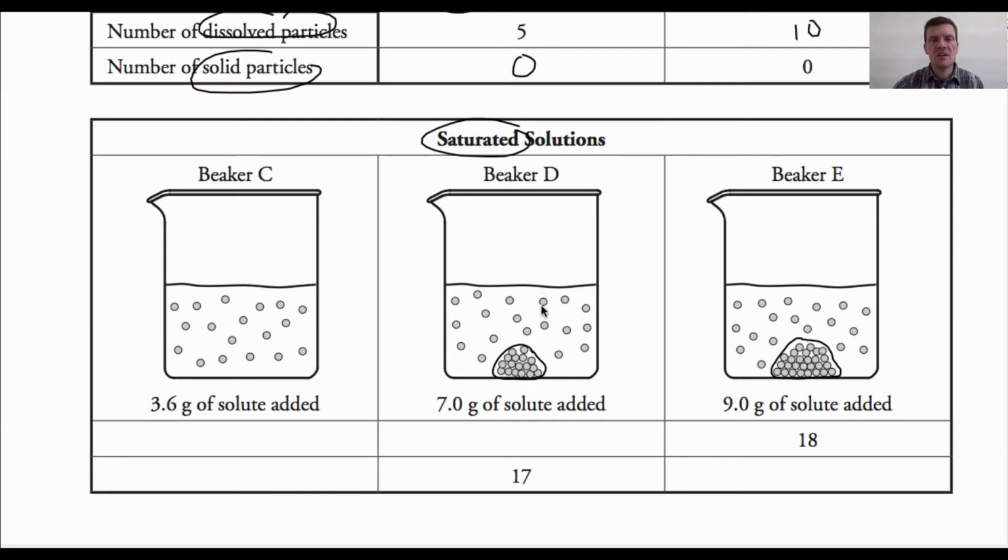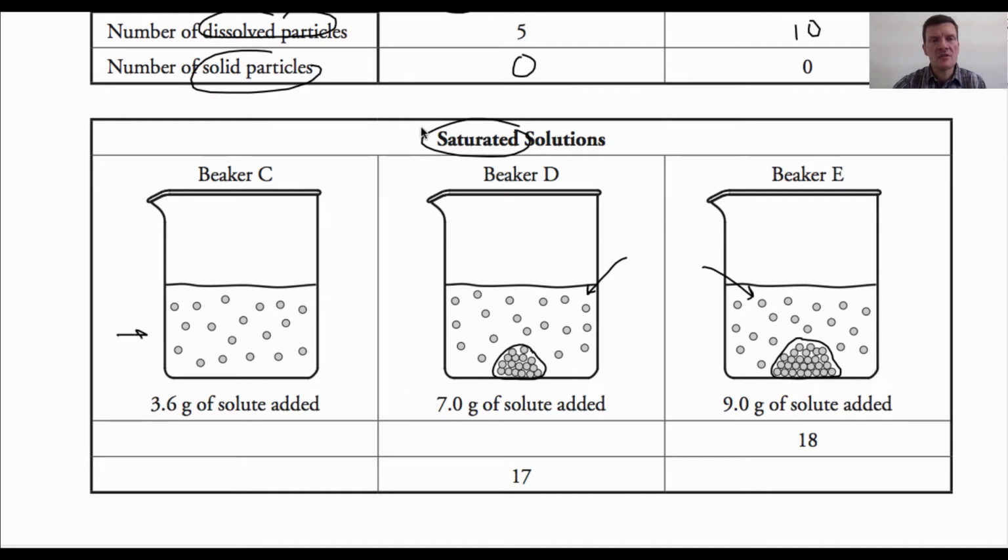So this is saturated, meaning it is holding the maximum amount of dissolved particles that it can in the solution. And these down here at the bottom, they're out of luck. They are not going to be included in the solution and cannot be dissolved. Just too many of them.